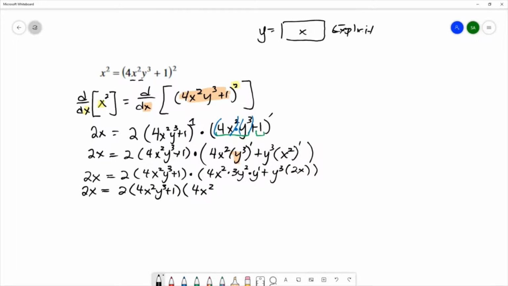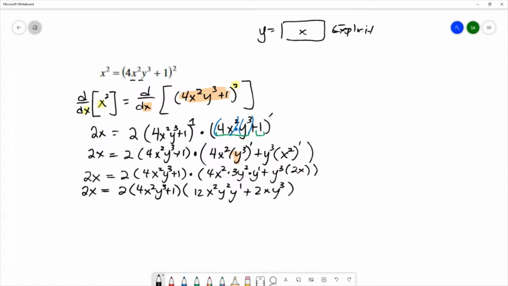Let's see, I can multiply the 4 and the 3 together to get 12x squared y prime plus 2xy cubed there.